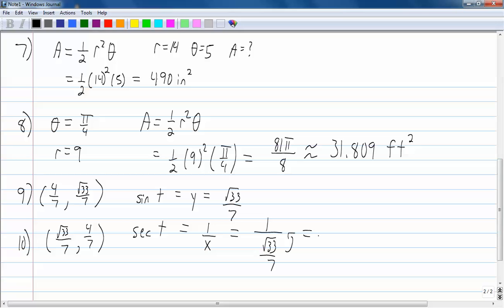So flip and multiply, and you'll have 7 over the square root of 33. And then rationalize. Multiply the top and bottom by the square root of 33, and we'll have 7 square roots of 33 over 33.